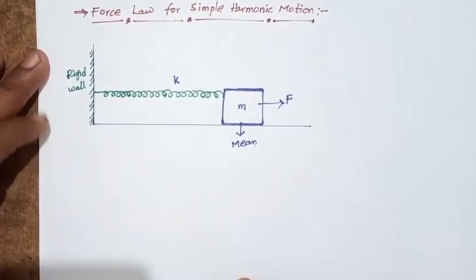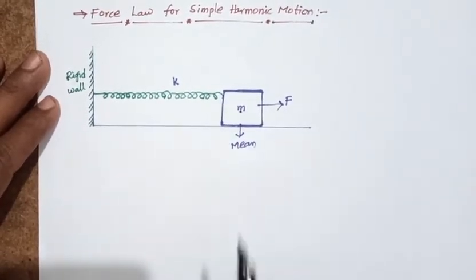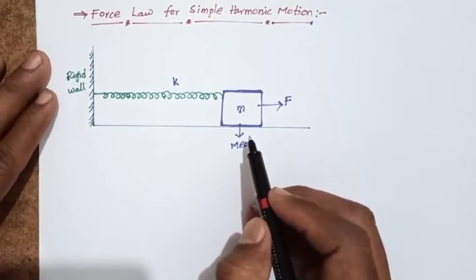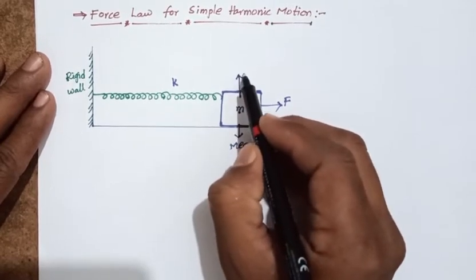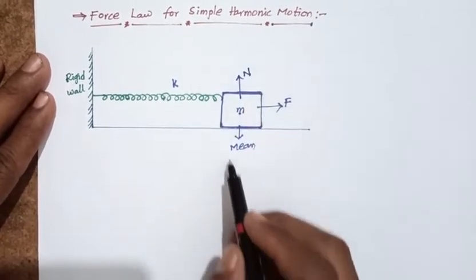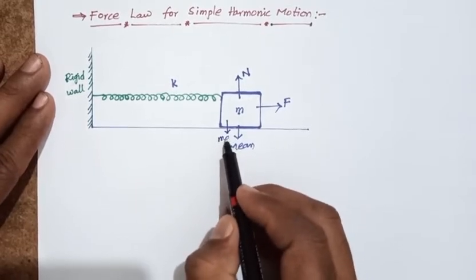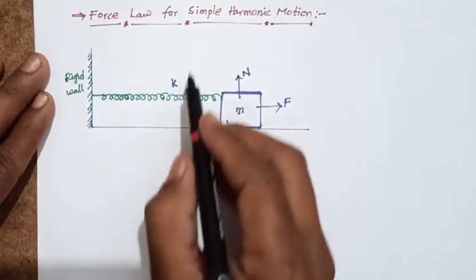The mean position is nothing but the equilibrium position. In the equilibrium position, as we already learned, the normal reaction is equal to the gravitational force. Here the gravitational force is in the downward direction and the normal reaction is in the upward direction.